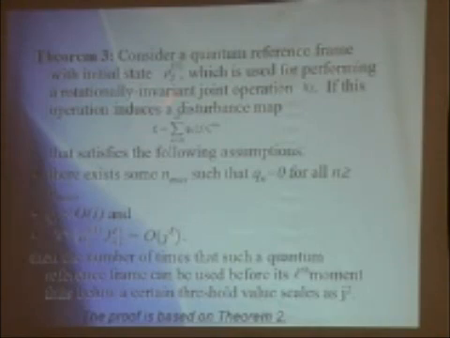So what I'm saying is that the states must have some support on the j states. And with those conditions, you can observe a longevity that scales as j squared. The proof is based on the previous theorem that I gave.